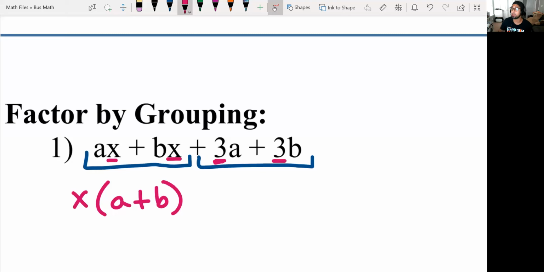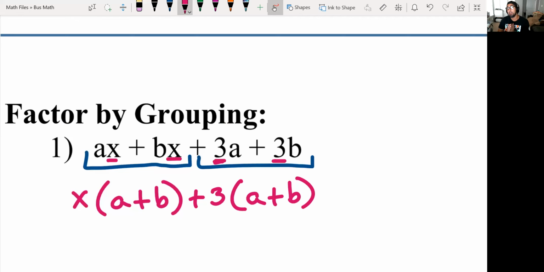So we're going to factor out a 3. But the 3 is also going to be positive, which means it will go along with this sign. So we are factoring out a positive 3. And then inside the parentheses, I am left with a plus b.